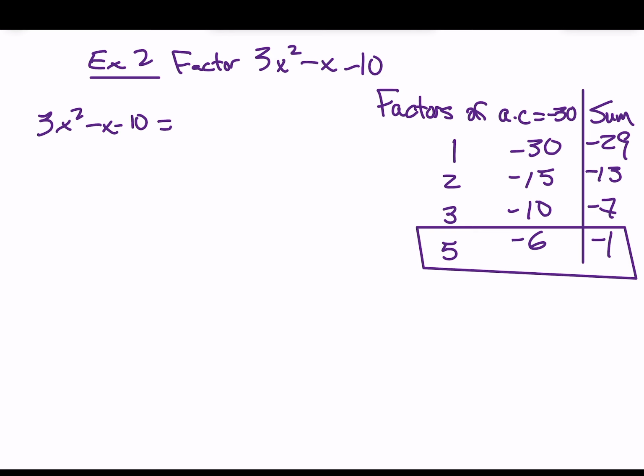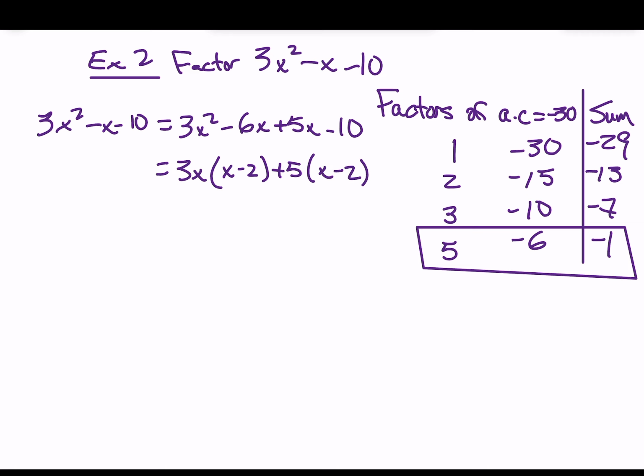So we can rewrite 3x squared minus x minus 10 and break up that middle term, negative x, as 3x squared minus 6x plus 5x minus 10. Looking at 3x squared and minus 6x, they have a 3x in common, and we're left with x minus 2. If we look at 5x and negative 10, they have a 5 in common. 5 times x is 5x, and 5 times negative 2 is negative 10.